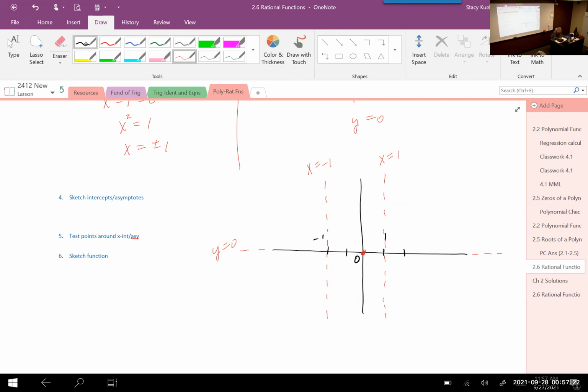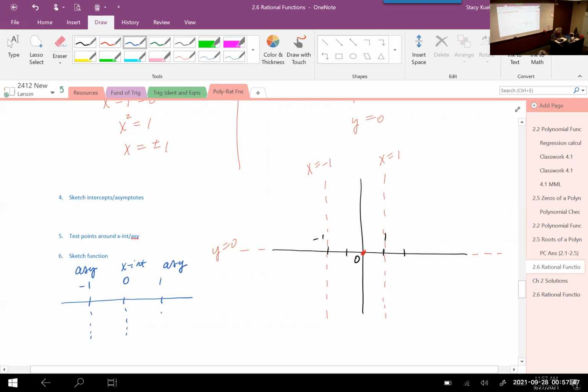Similar to the test that we did for polynomials, I'm going to put down here a zoomed in version of my x-axis. So I have -1 is an asymptote, 0 is an x-intercept, and +1 is an asymptote.